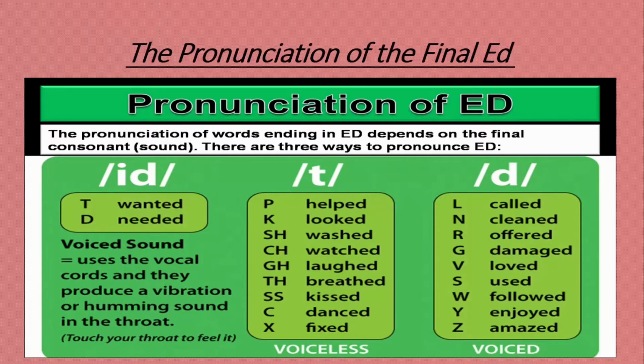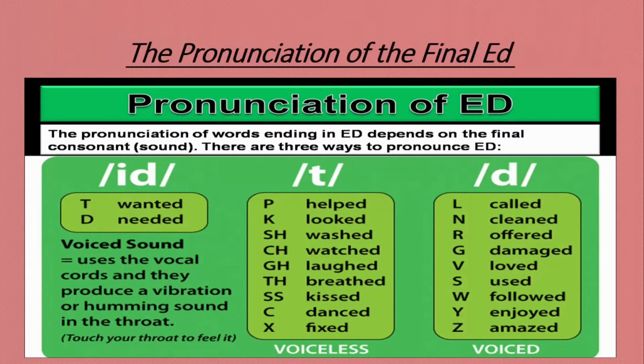Follow, followed. Enjoy, enjoyed. Amaze: the verb here ends in E also, but what is the last sound we hear? Amaze, z sound. So the final ed is pronounced as d.